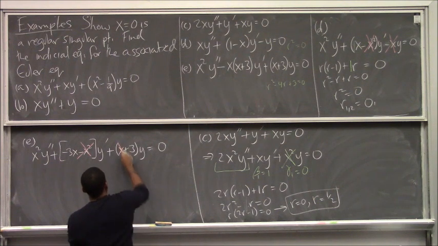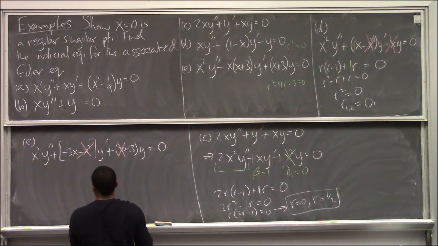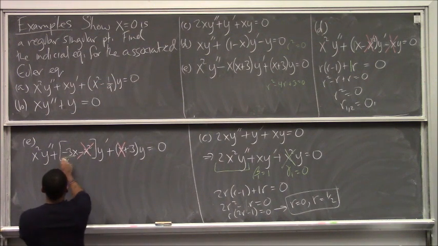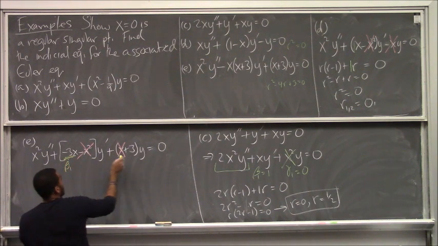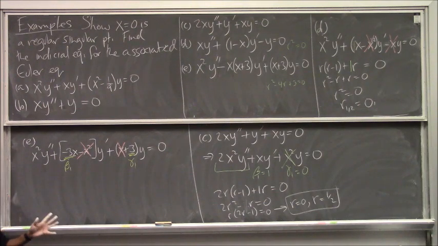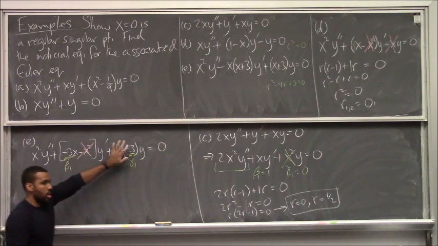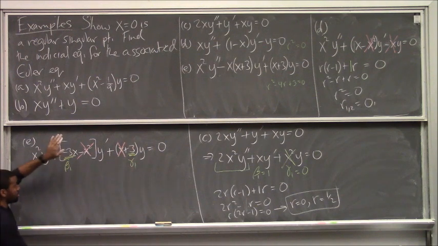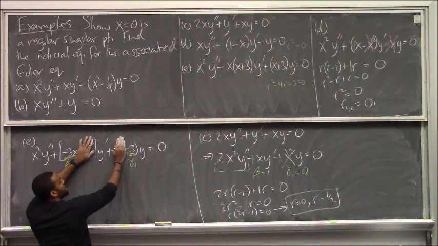Plus x. The x messes up. Everyone else fits the form. That's going to be like my beta 1 here. And then my gamma 1 is 3. So I pretty much pretend these guys aren't there. Just like I don't even know them anymore. They're dead to me. So I'm pretty much looking like this is the Euler equation. And then I'm going to set up the equation based on that.